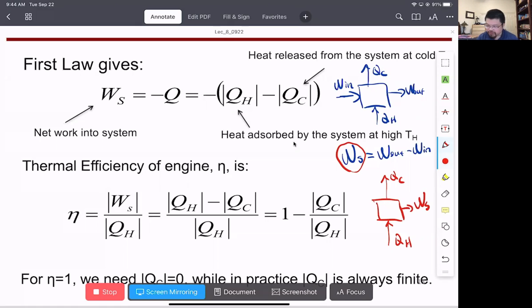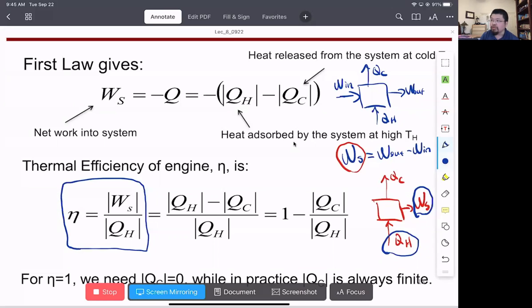So if we think about the efficiency, we provided that much of heat, and we are going to receive the needed work. So the efficiency is indeed, as we have over here, the thermal efficiency of that process will be defined by the ratio of shaft work or net work output over the heat input. So here we are using the absolute value because we are going to have positive or negative sign regarding the direction of the energy flow, right?